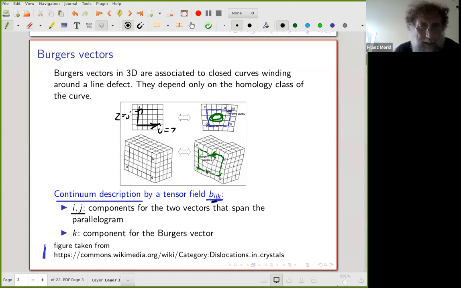And here again, this is X direction, I equals 1, J equals 2, and then when we look at the direction coming out of the space, K in this case equals 3. So the B_ijk component for 1, 2, 3 in this case would be non-zero. So K is then the component for the Burgers vector we look at.